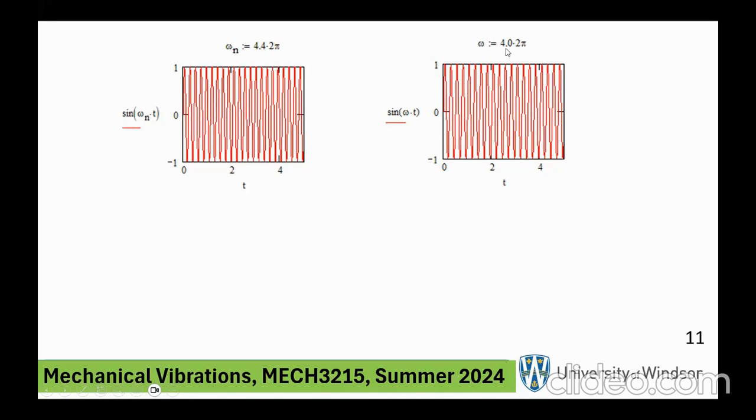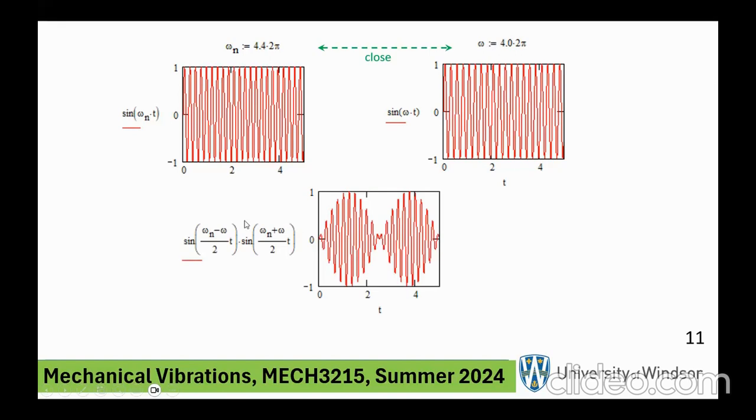Notice that it is the smaller frequency. That's why you can see there's a difference. But when you look at that combination, sine of difference over 2 times t, times sine of the sum of the two divided by 2 times t, it looks like that. So this is the beat phenomenon. It shows you the beat phenomenon.